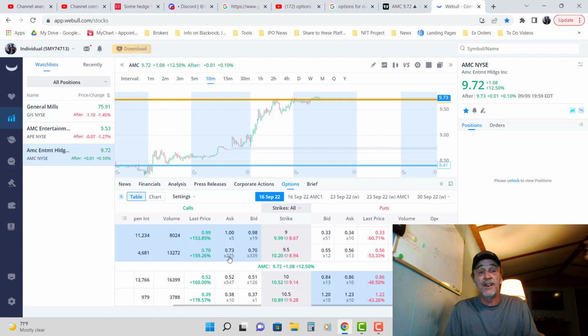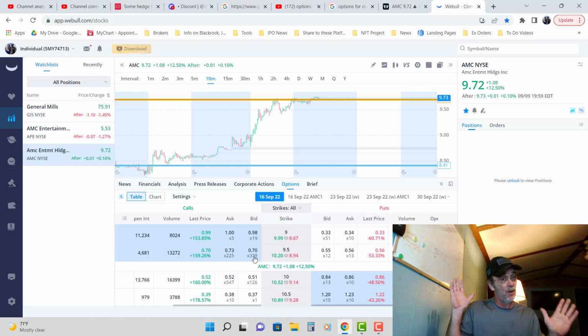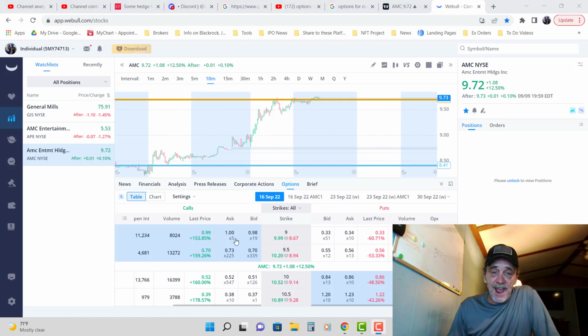The moment it hits your portfolio, it's only worth 70 cents or $70. You're going to be down $3 on that options play from jump street. The option will have to increase by 3 cents just for you to break even. Now, the difference between the bid and the ask is called the spread, okay?